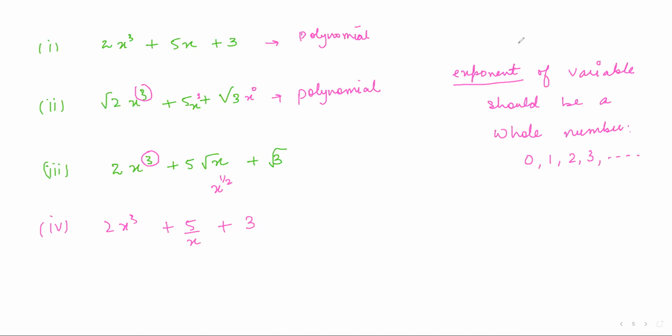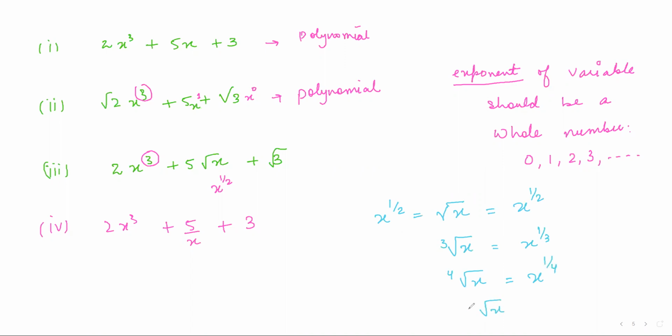Please remember this if you don't know: x to the power 1 by 2 is actually under root of x, right? If you have cube root of x, you can write it as x to the power 1 by 3. If you have fourth root of x, it can be written as x to the power 1 by 4, and so on.